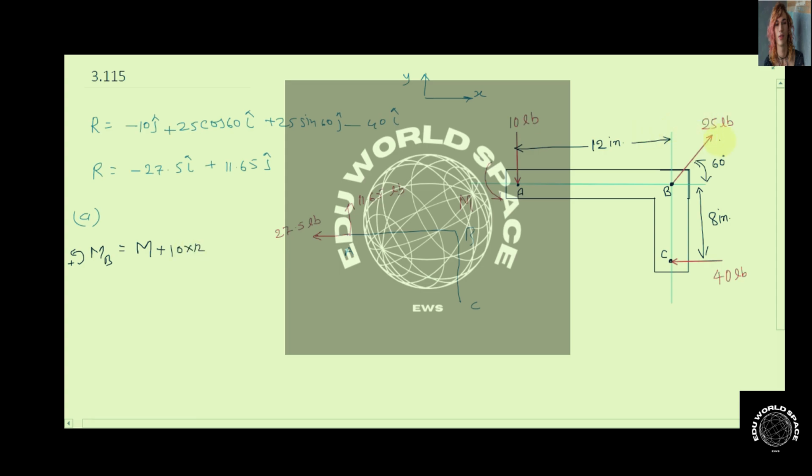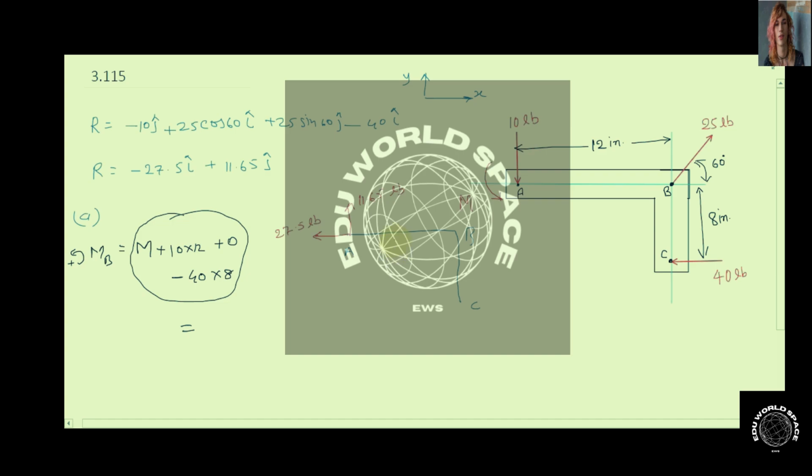This 25 pound will have no effect, so plus 0, and this 40 pound is going to cause a clockwise couple, so this will be minus 40 multiplied by the perpendicular distance, that is 8. This moment value about point B in the actual system must be equal to the moment value in the equivalent system.